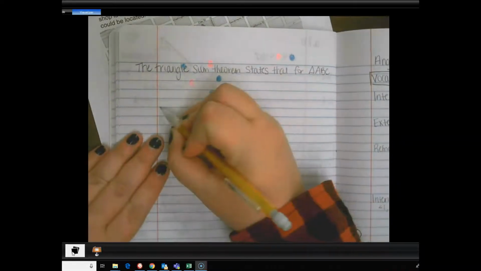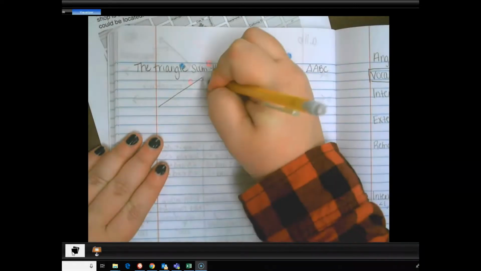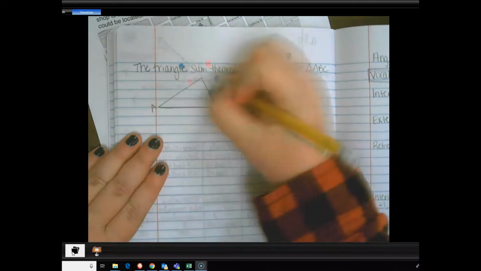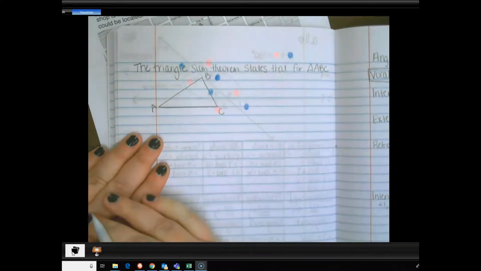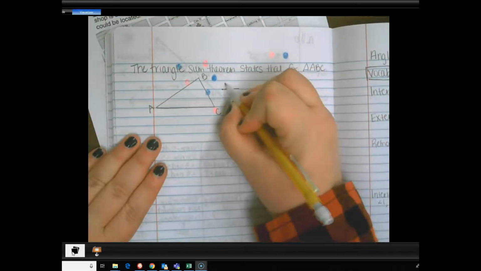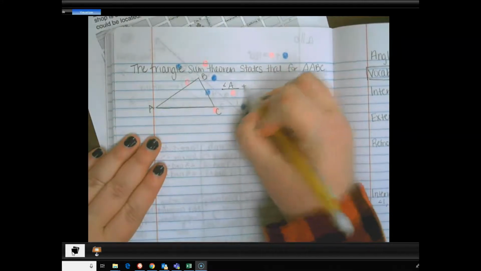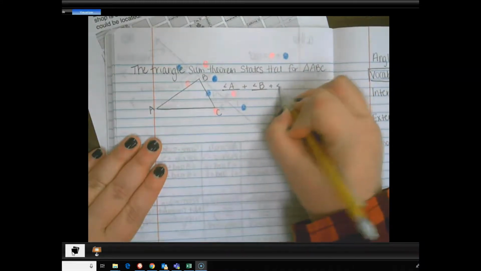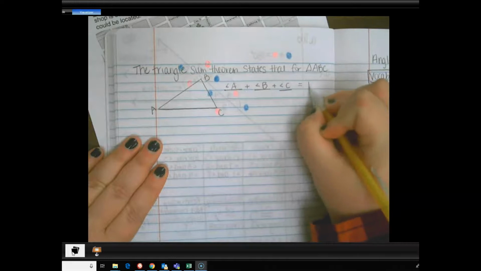And so we're going to draw a triangle and label A, B, and C. This theorem states that angle A plus angle B plus angle C is going to equal 180 degrees. So we're going to practice solving for some missing angles using that triangle sum theorem.